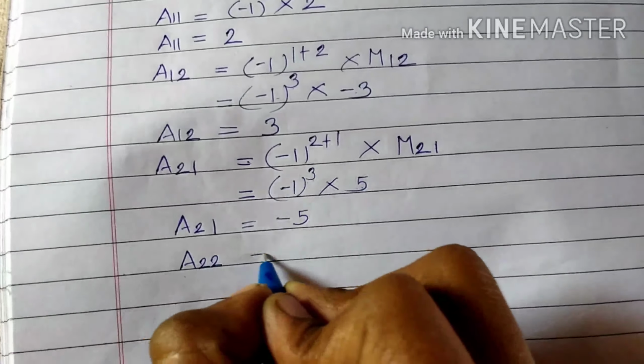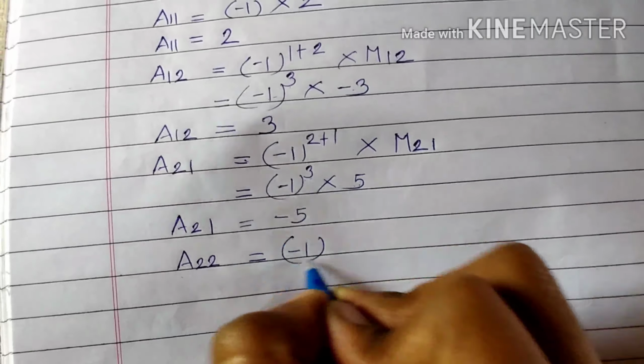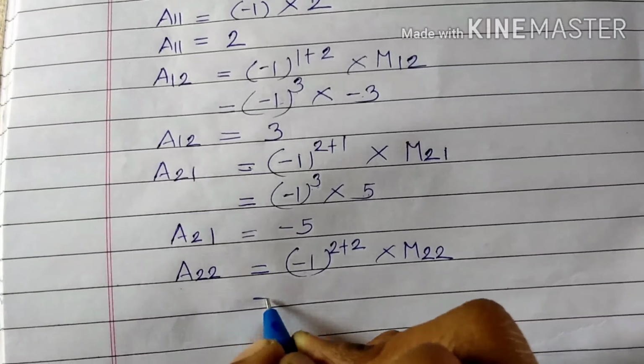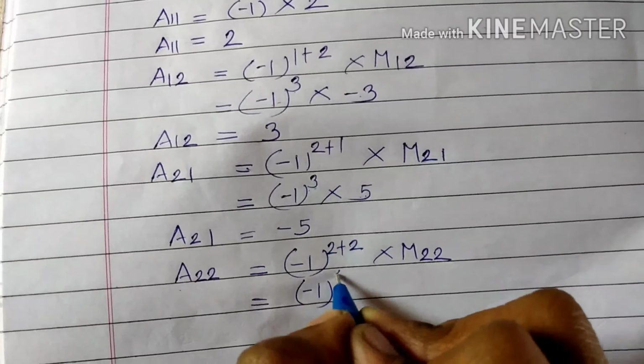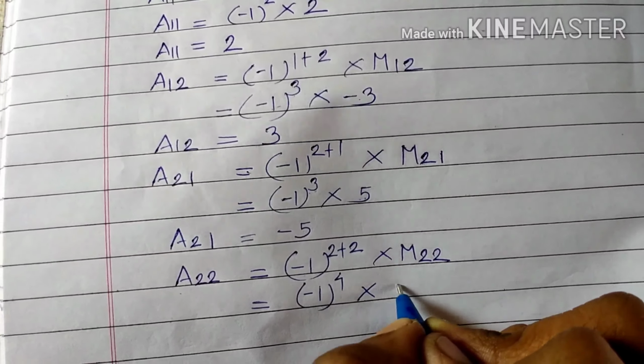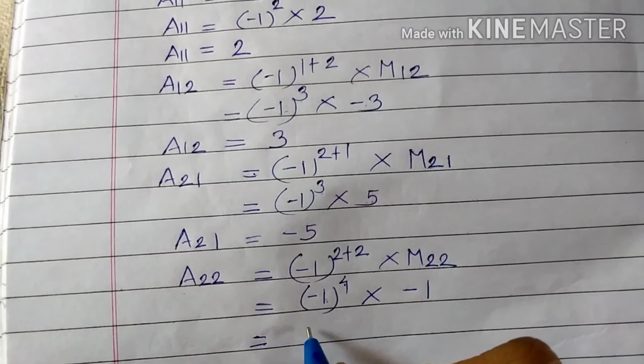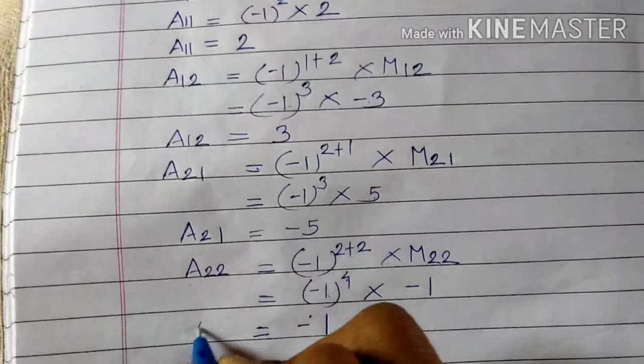Last, A22 is equal to -1 raised to 2 plus 2 into M22, M22 is -1. -1 raised to 4 is 1. 1 into -1 is -1.